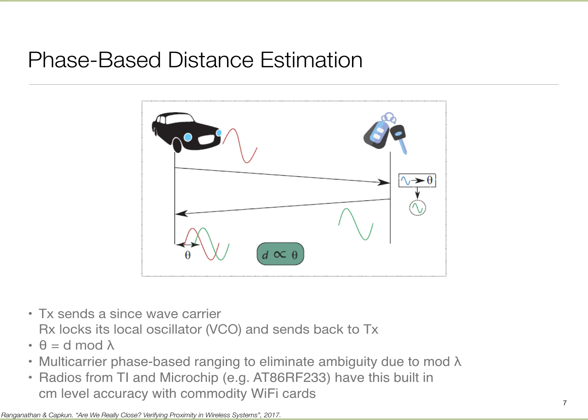Then the car knows the signal it was sending out, and also knows the signal it was sending back. The phase difference between these signals, theta, will be a function of distance. Specifically, it will be distance modulo the wavelength, right? So the phase difference depends on the wavelength and the distance.